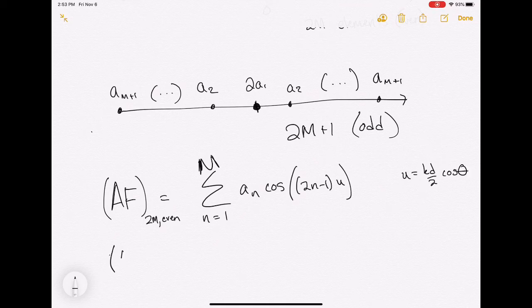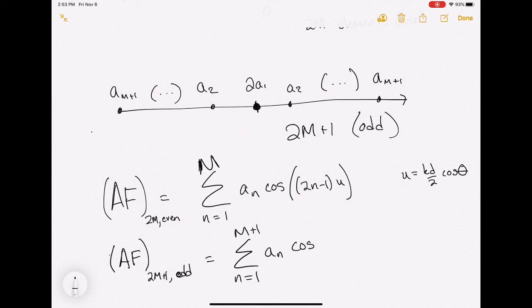And if it's odd, then you have 2M plus 1 total elements for an odd number. And then you have the sum from n equals 1 to big M plus 1 of a sub n times cosine of 2n minus 1 times u.